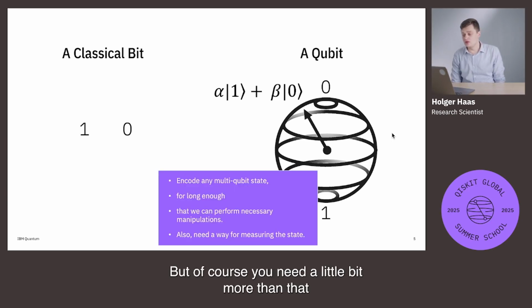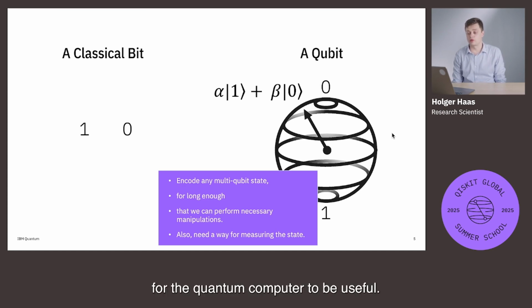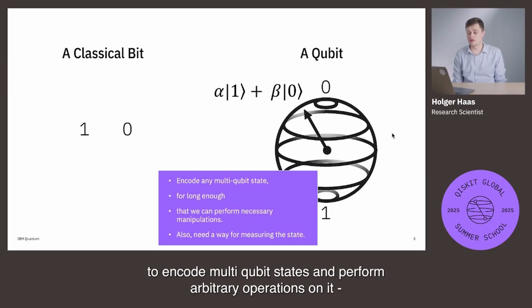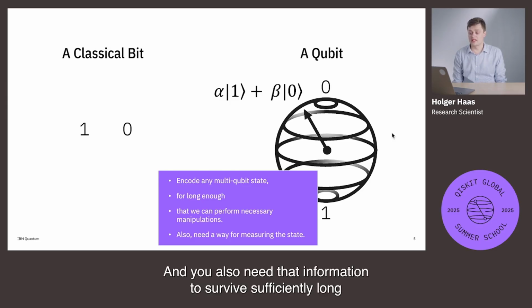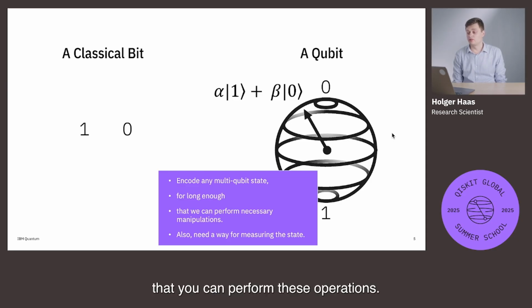But of course, you need a little bit more than that for the quantum computer to be useful. What you need is you need to be able to encode multi-qubit states and perform arbitrary operations on it, usually in the form of a universal gate set. And you also need that information to survive sufficiently long that you can perform these operations.